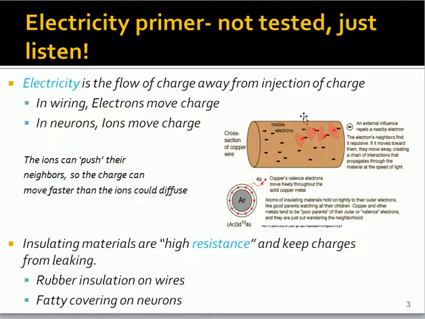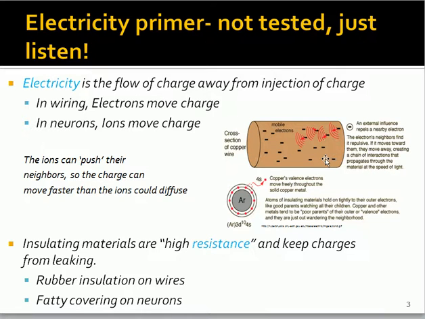In copper wiring like this, we're moving electrons. But in neurons, we use ions. Ions from basic chem are just charged atoms. So you can have sodium with a positive charge, potassium with a positive charge, chloride with a negative charge.